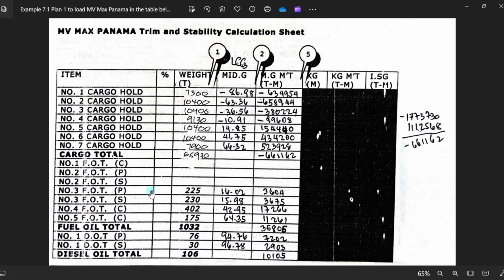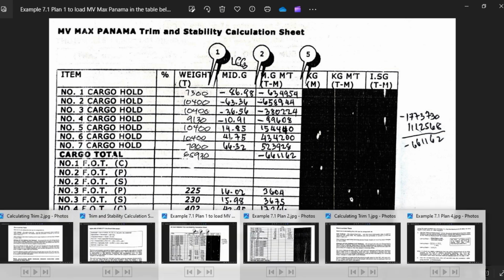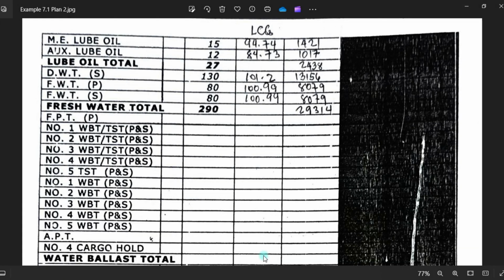Okay, then you put here the fuel oil, the weights, and the LCG, and this will also be the longitudinal moments. So with fuel and diesel oil. Okay, the next would be the lube oil, LCG, then the longitudinal moments.